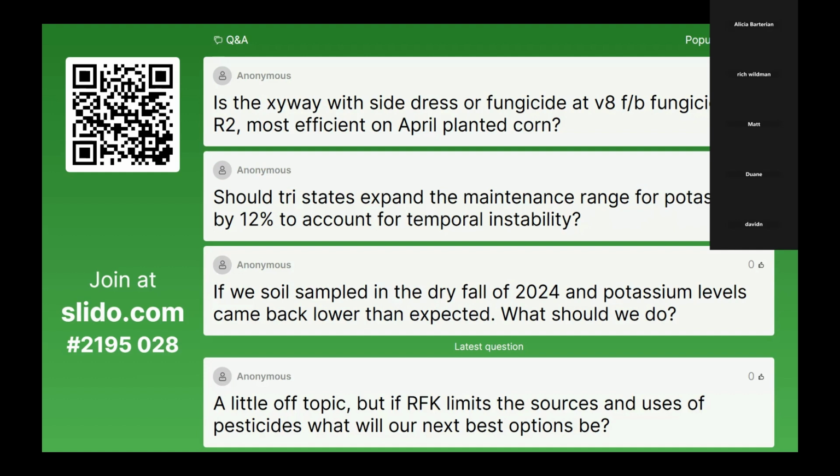The other part is we also have to think about it from an environmental perspective, and we're over applying on, say, 80% to solve this problem. And that doesn't make any sense. So what makes sense, at least to me, is let's do a really good job of identifying where we have potassium issues and solve it that way. And we can do it by simply going into a shorter interval of 2 years.